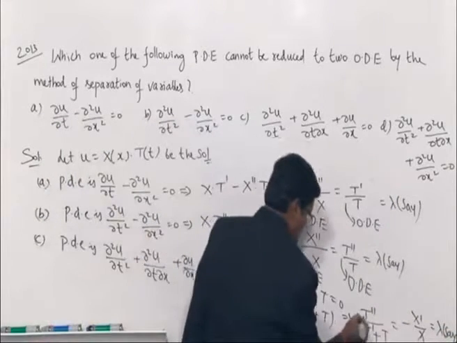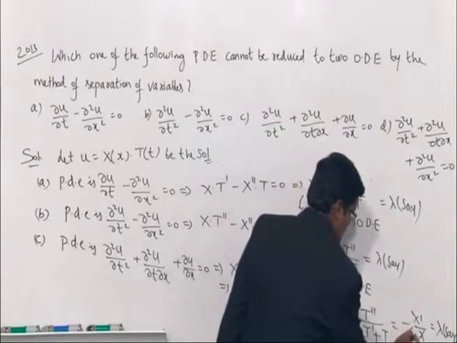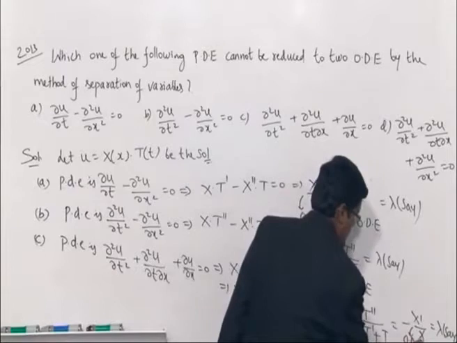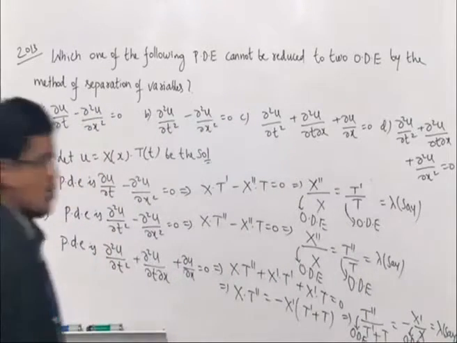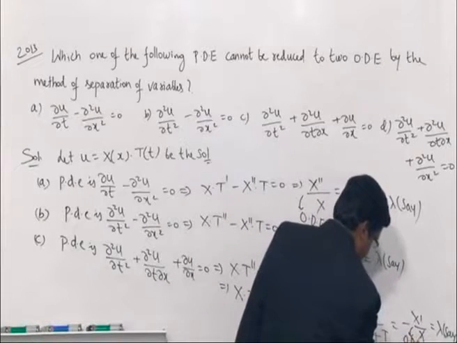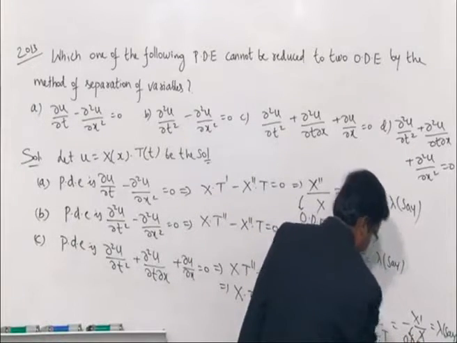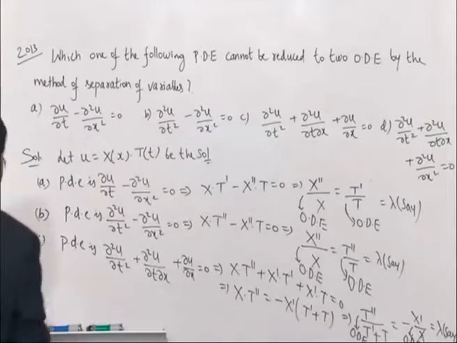So this is ordinary differential equation and this is also ordinary differential equation. Okay, both are ODEs. So automatically option D is wrong.